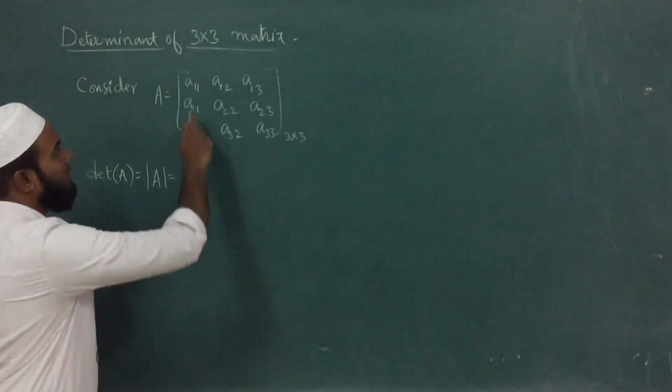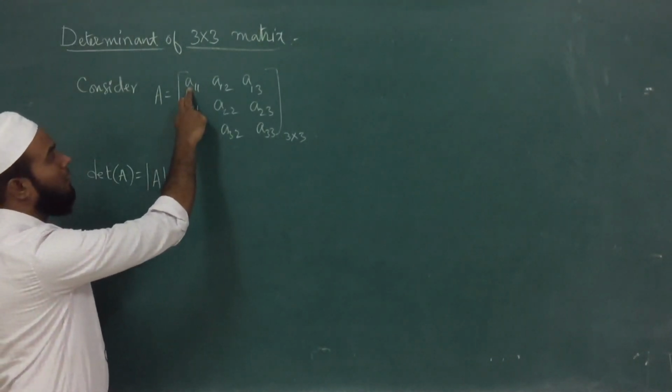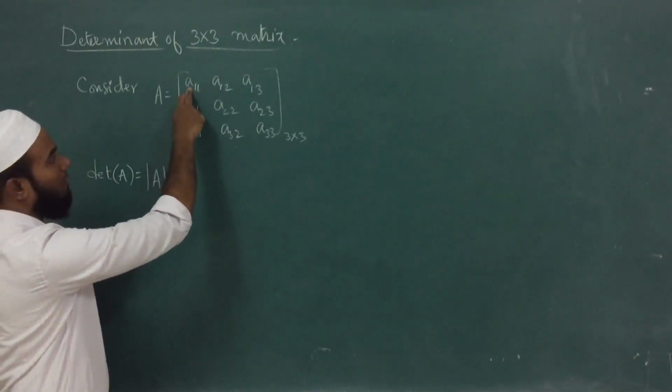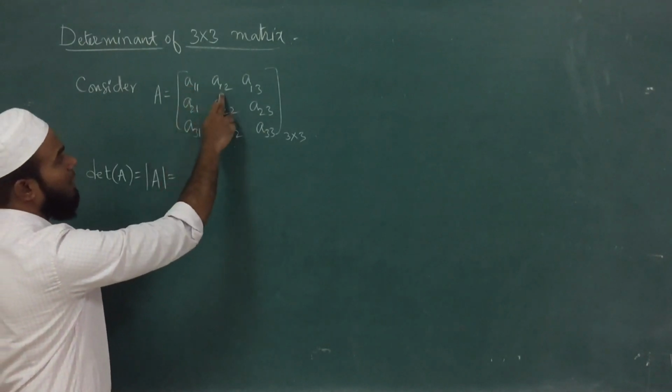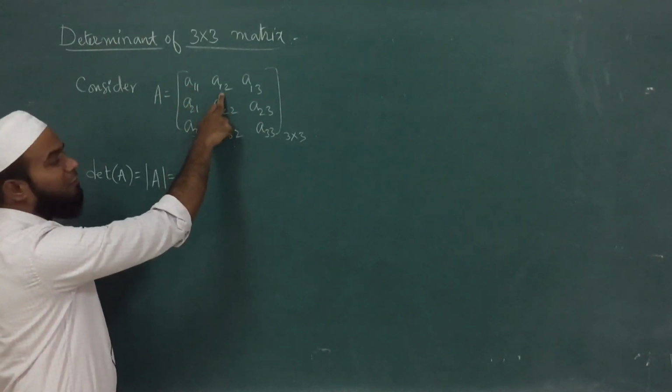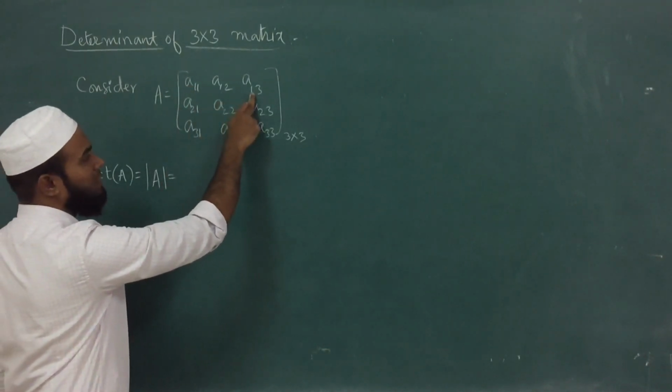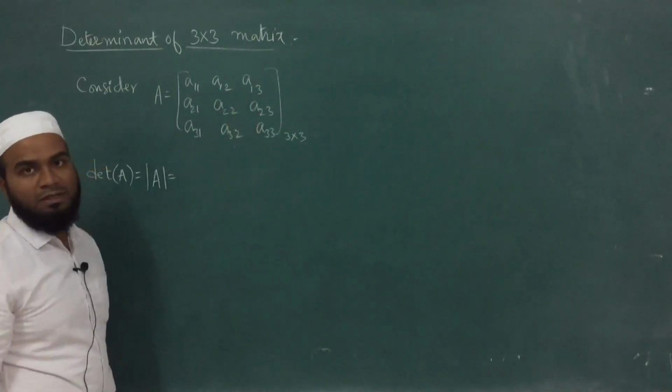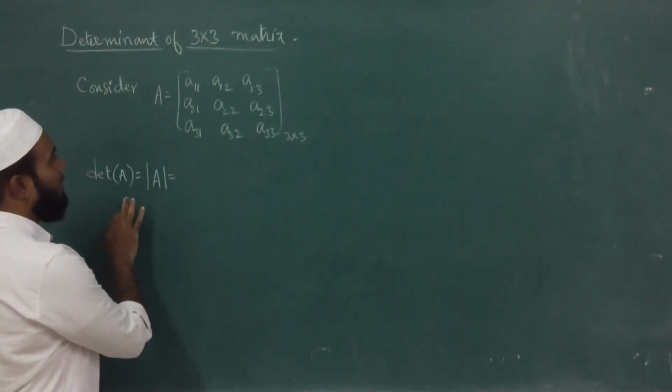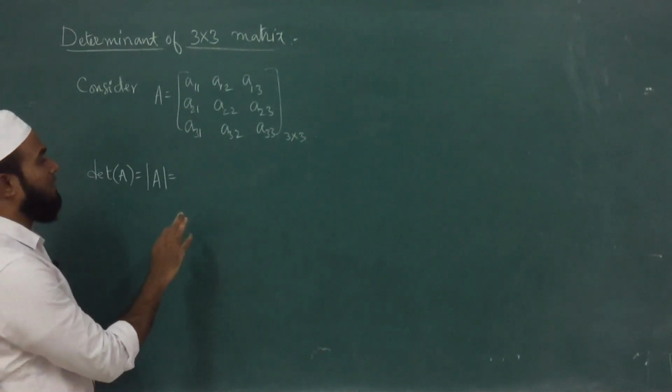So, what we have to do is this: A11 into cofactor of A11 plus A12 into cofactor of A12 plus A13 into cofactor of A13, right. That is the definition of determinant. So, what is the definition?